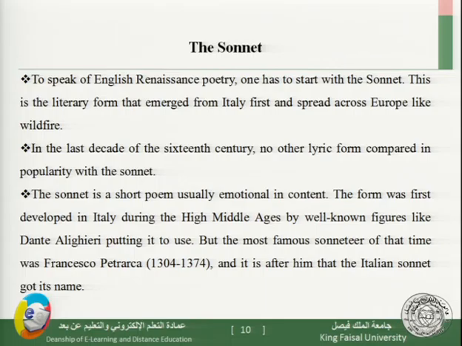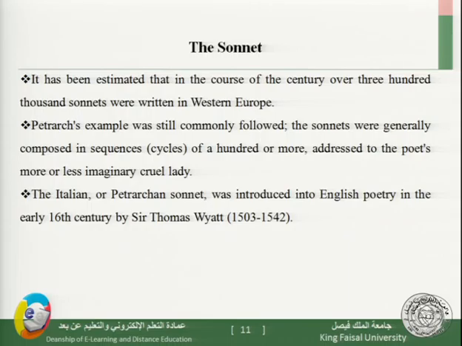But the most famous sonneteer of that time was Francesco Petrarch, 1304-1374, and it is from him that the Italian sonnet got its name. So it's called the Petrarchan sonnet, or Petrarchism.